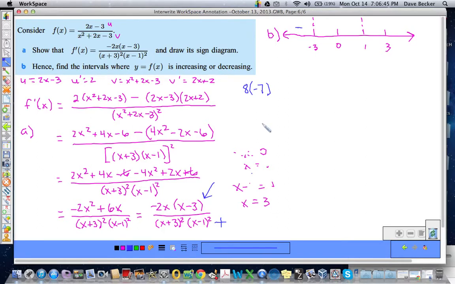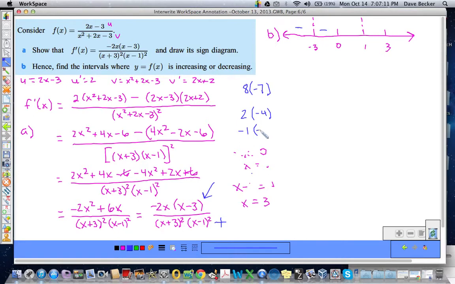I hope you were. So now let's try -1. -2 times -1 is a +2 times a -4. That is going to be negative. What about 1/2, I guess, would be easiest. So -2 times 1/2 is a -1 multiplied by 1/2 minus 3.